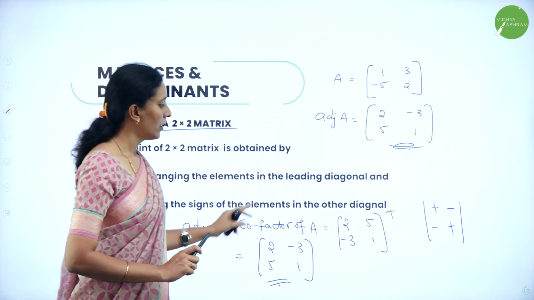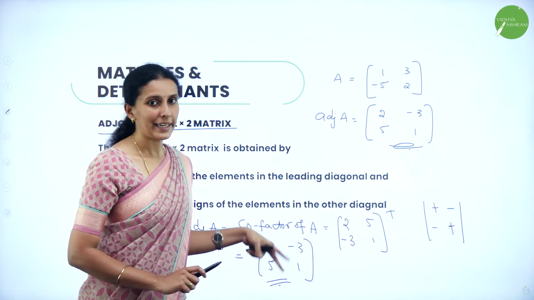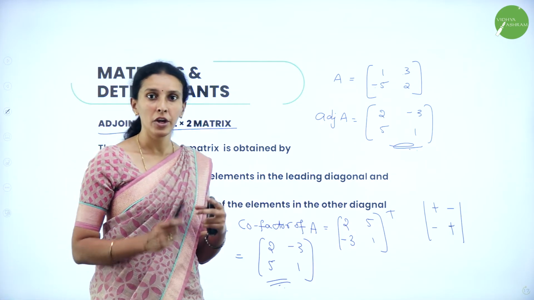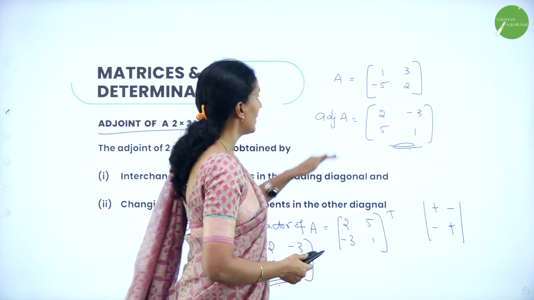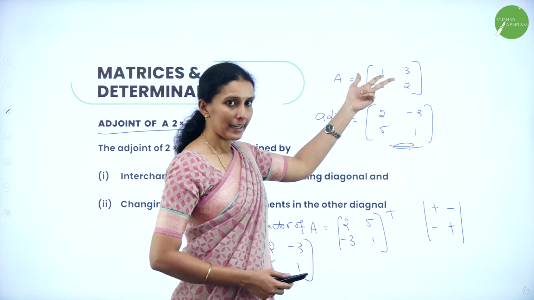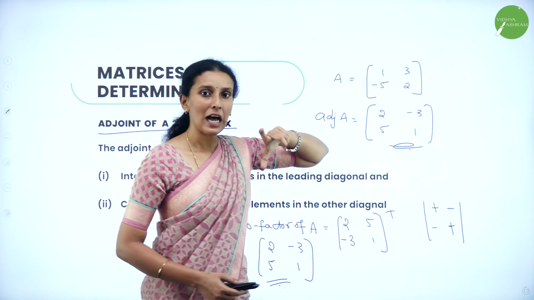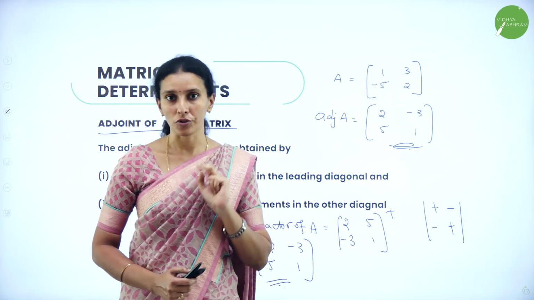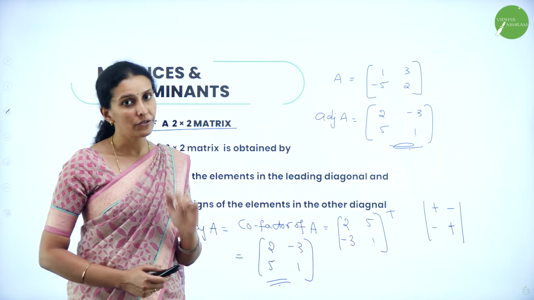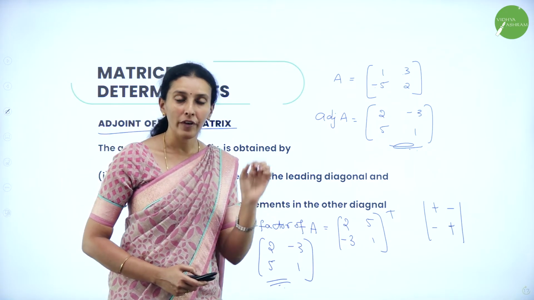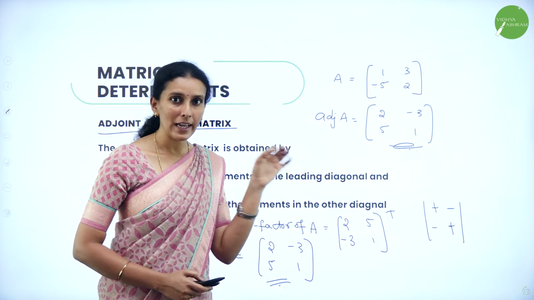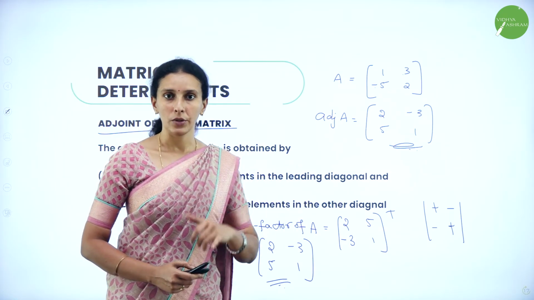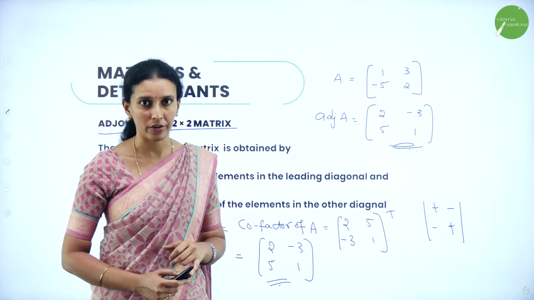Either you can find the cofactors first and take the transpose, or you can use this rule to find the adjoint of a 2 cross 2 matrix: interchange the leading diagonal and change the sign of the other diagonal elements. But in the case of a 3 cross 3 matrix, you have to find the cofactors of every element, write them in a cofactor matrix, take the transpose, and only then can you write the adjoint of the matrix.